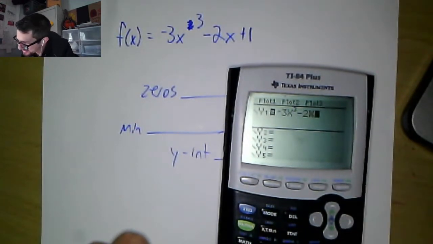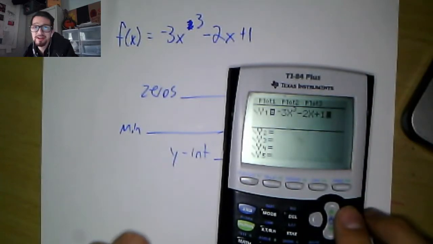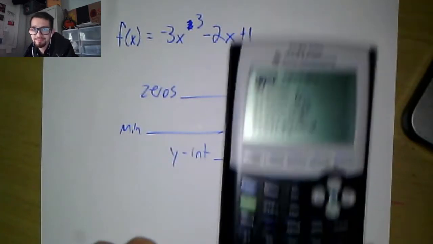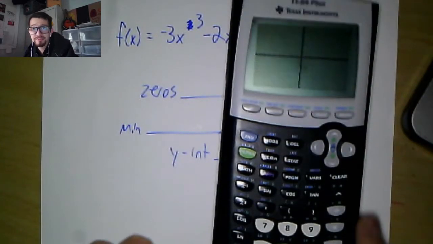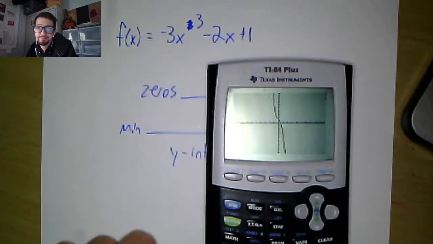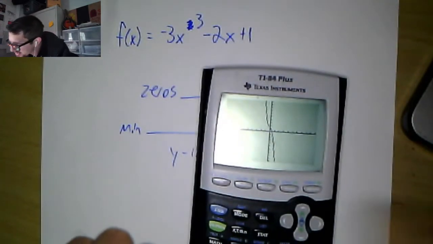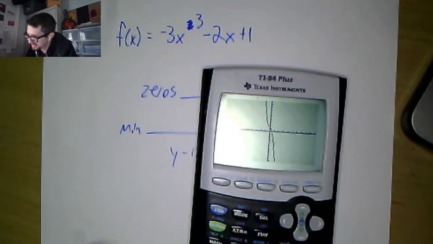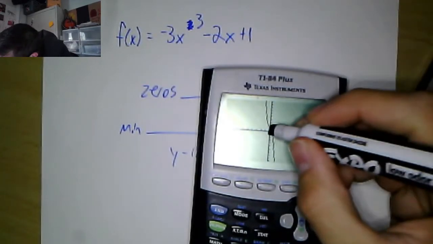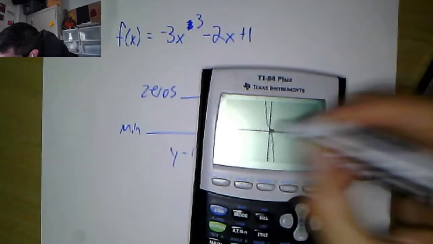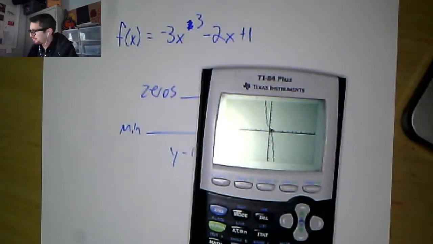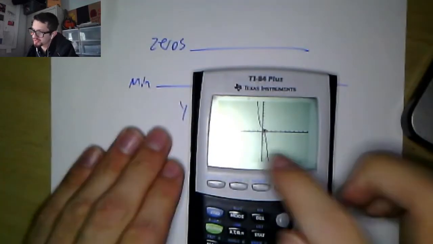-3x to the third power minus 2x plus 1. So I'd graph it. I would hit zoom 6 because that will reset my graph to make sure I'm seeing everything normally. And it looks like I got fortunate, and it only hits the x-axis right here. So I can look for that point. I'll start with the zeros, which is where it hits the x-axis.